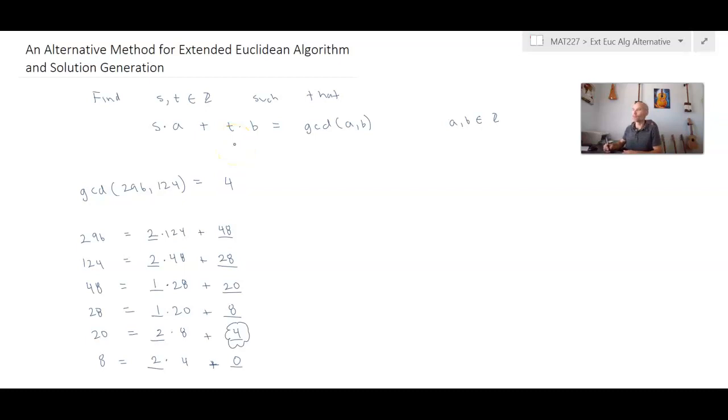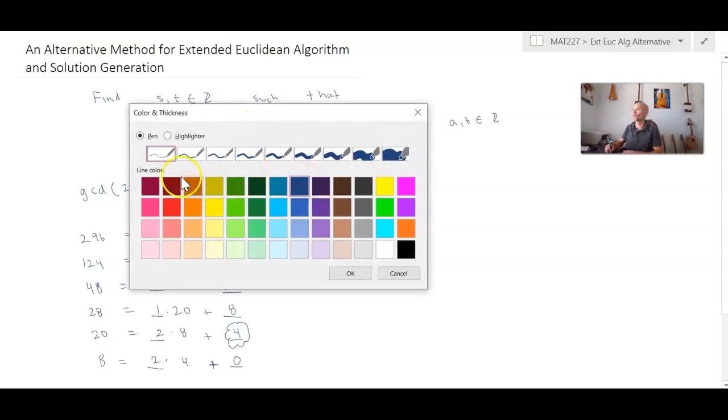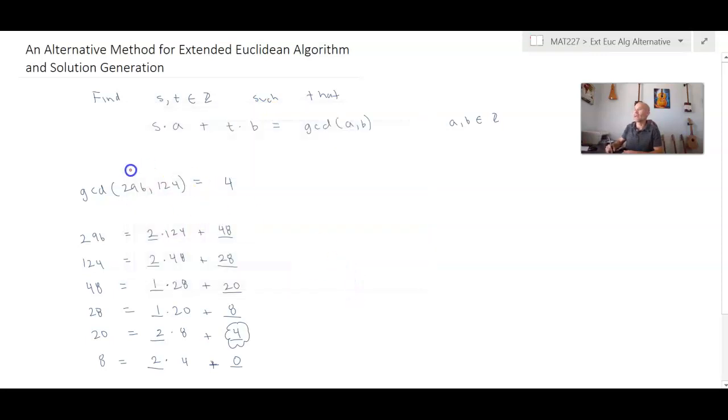Now at this point, I know that 296 and 124 are my a and b, so I'm going to reference these values as a and b. In fact, if you look at the first equation here, this one suggests that a is equal to 2 times b.